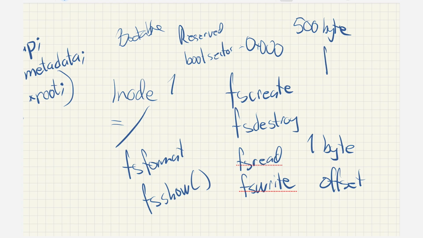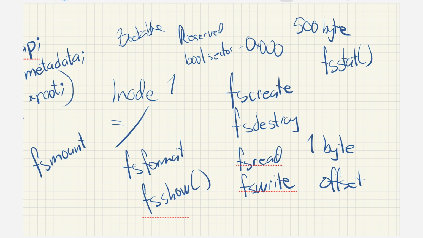Possibly I will also create some kind of fsstat function which will return some information about a file or something like that. And of course we need to have fsmount, which will mount a disk.